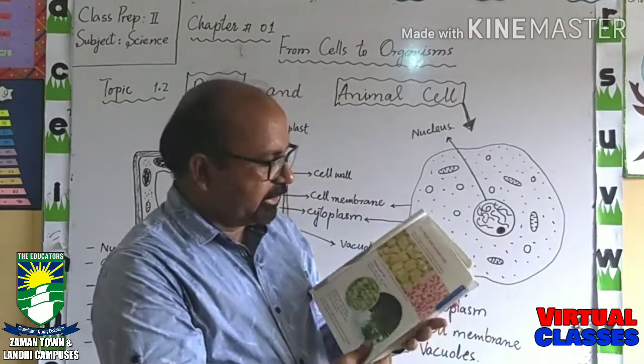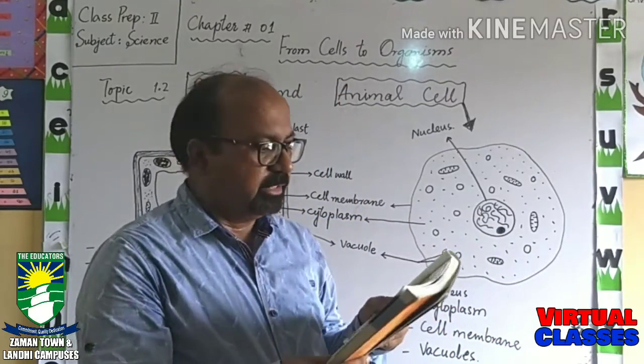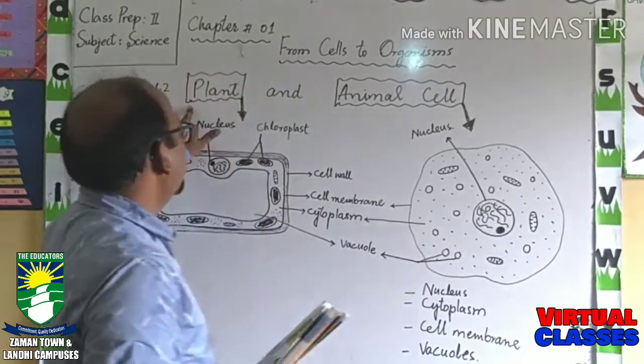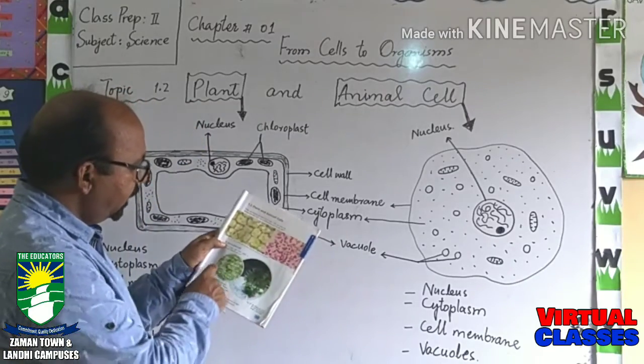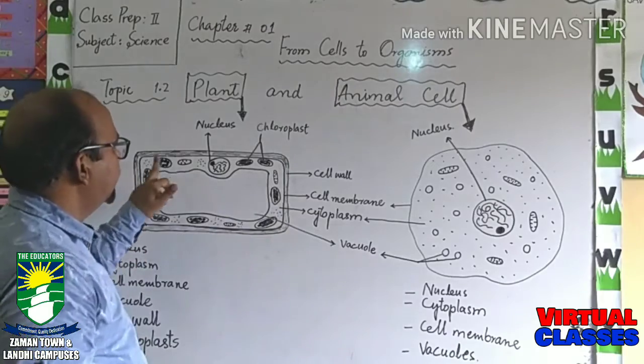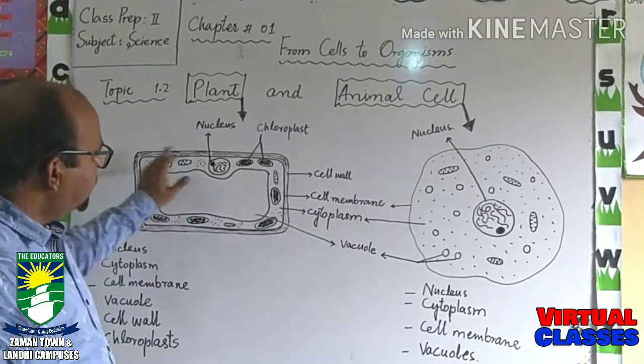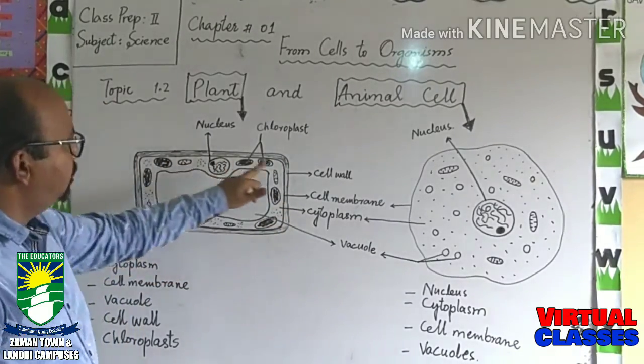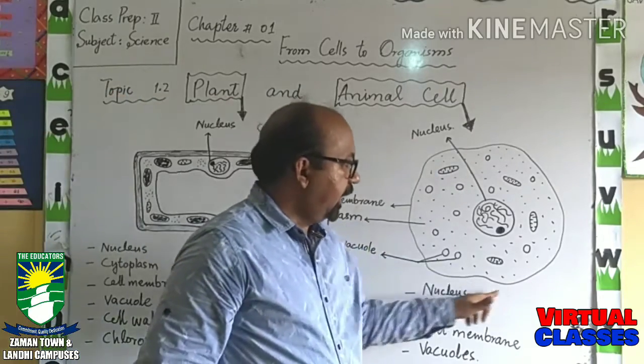So let's start from the plant cell. A typical plant cell. These are present in the block shape. As you are watching, this is a plant cell and this is the animal cell.